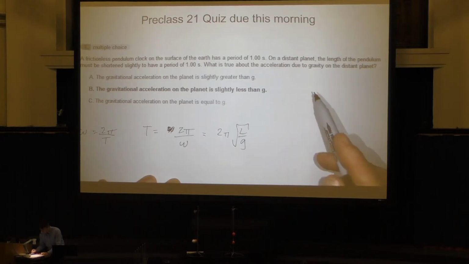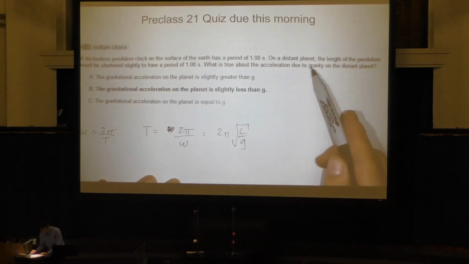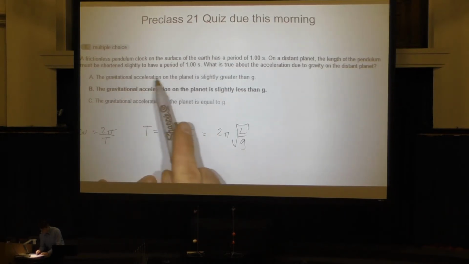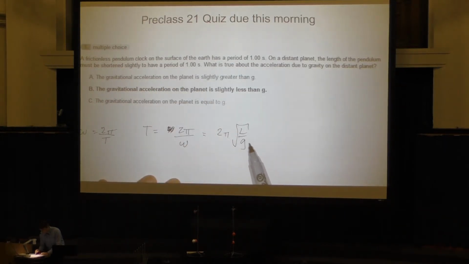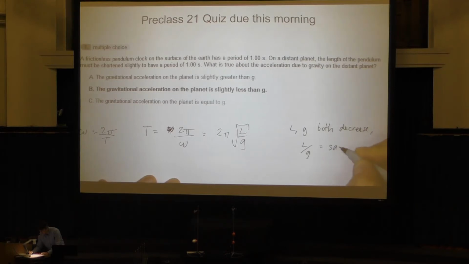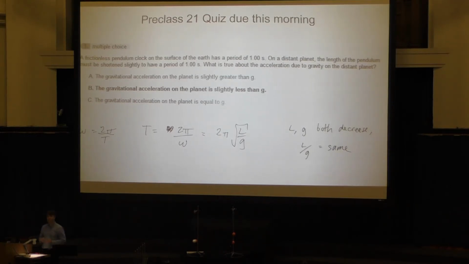And so if you've had to shorten the L to get the same period, you'll have to decrease the g a little bit as well. So L and g both decrease, I think, so that L over g is the same as for the 1 second. That was my reasoning for that one.